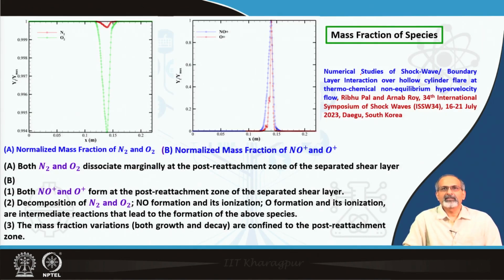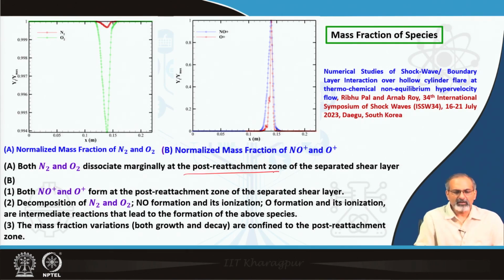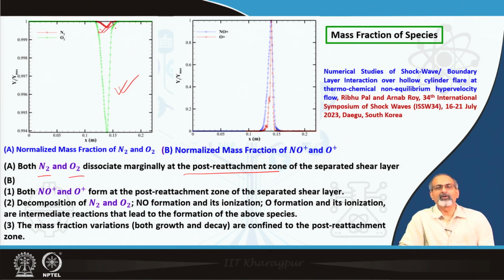Coming to the mass fraction of species, you see that post reattachment there are changes in the mass fractions of N2 and O2. So, you see a dip in O2 mass fraction, a much milder dip in N2, because that is expected to start at yet higher temperature. Correspondingly, there is an increase in normalized mass fractions of NO+ and O+ at the reattachment zone.